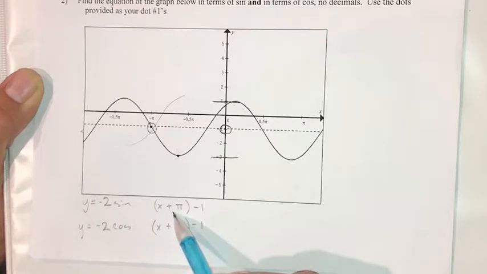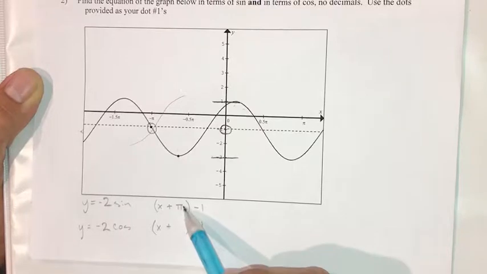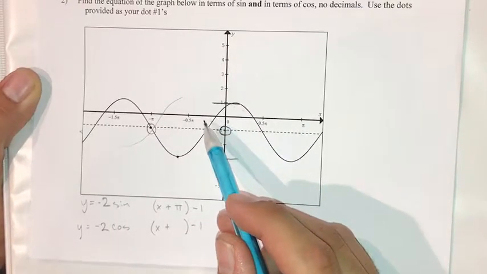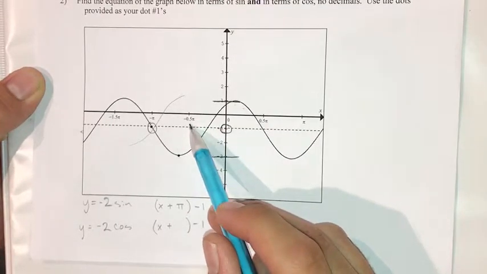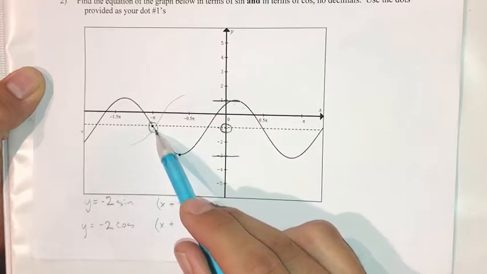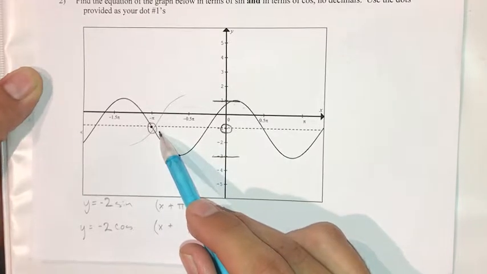And you can see here on this sine equation, I have x plus pi. And I got that from simply looking at our x values on the graph. So we can see we have -0.5 pi here and -pi here. And right here, since this dot is in the middle, we know that it is sine.